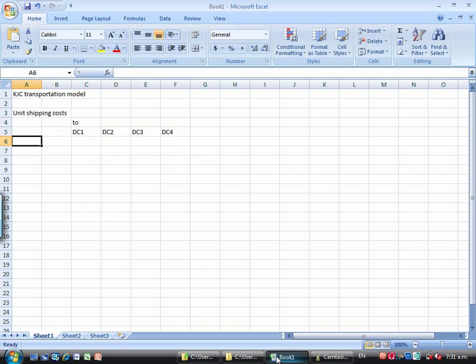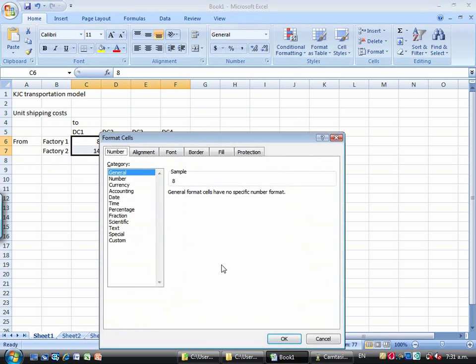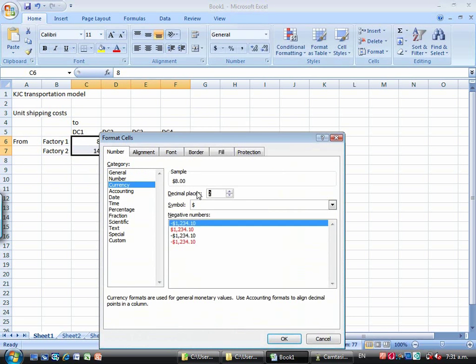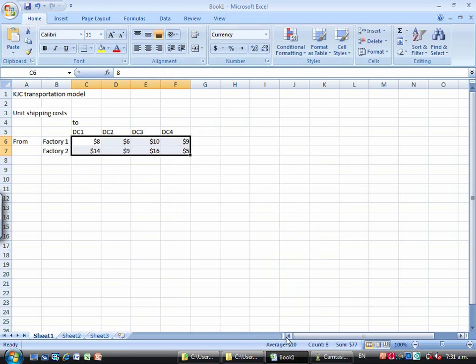Four distribution centres, and 2 factories, and I just put the values in from the table on your instructions. 14, 9, 16 and 5. And what we can do is change the format there to dollars just to make it clear about what we're doing. We don't need any decimal places because it's whole dollars per unit.